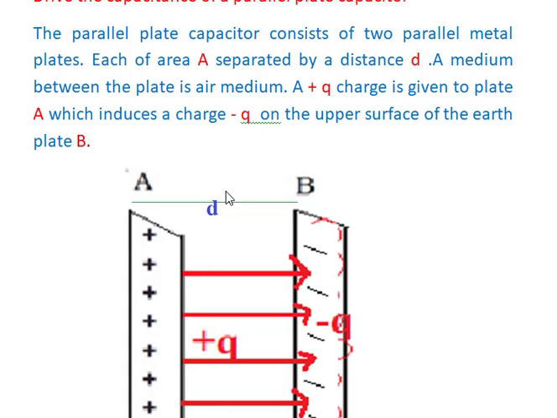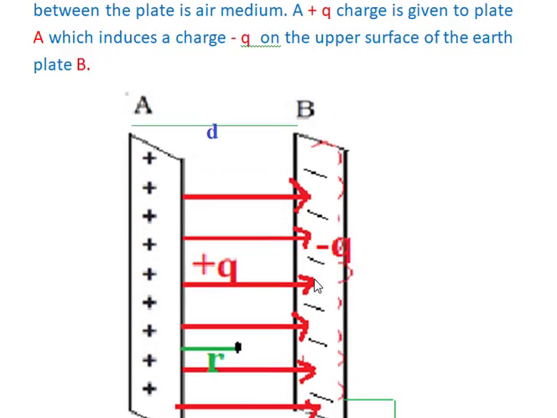Now a plus Q charge is given to this plate A. You know that when this plate is brought near, it induces the negative charge minus Q on the upper surface of the earthed plate.